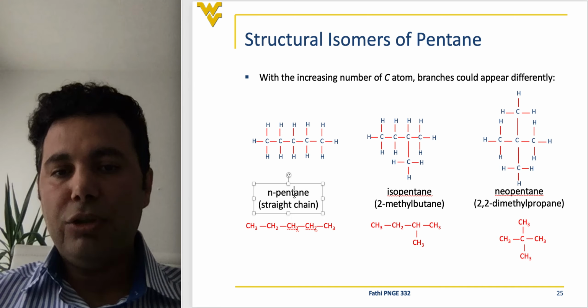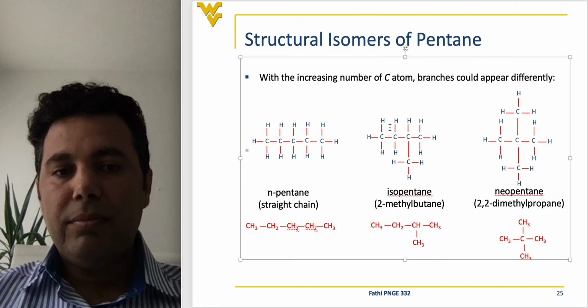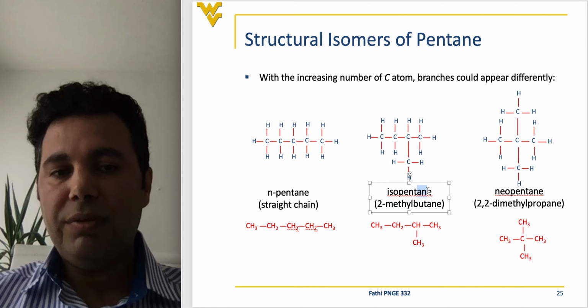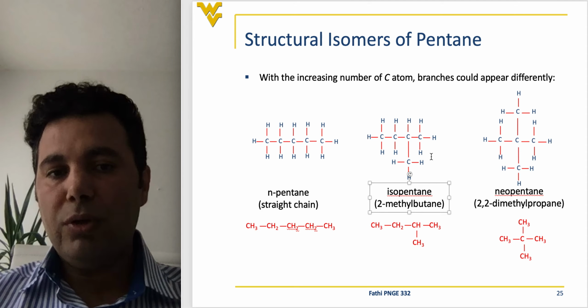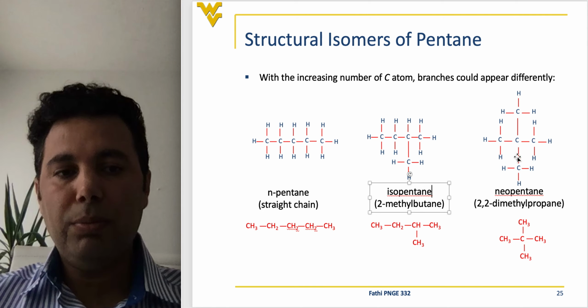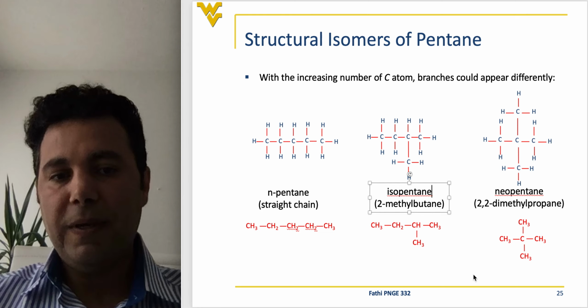Whatever that name is, it should end with A-N-E. Here again, all single bonds, so I know that belongs to alkane. Whatever the name is should end with A-N-E, and I know their general formula should be CnH2n+2. The same here, all single bonds, belongs to alkane, and the name ends with A-N-E.